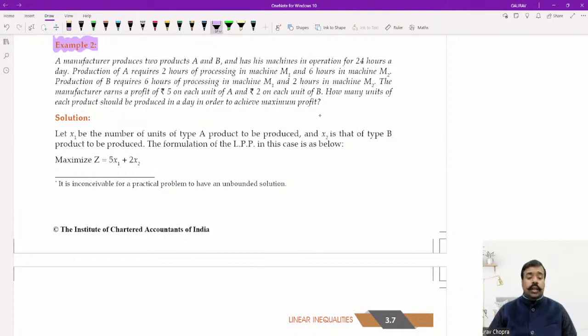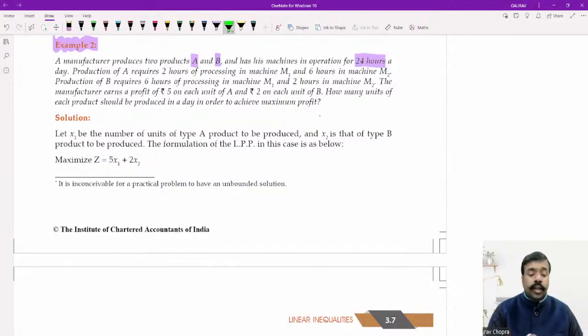A manufacturer produces 2 products, A and B, and has his machine in operation for 24 hours a day. The machine is working 24 hours in a day. Production of A requires 2 hours of processing in machine M1.